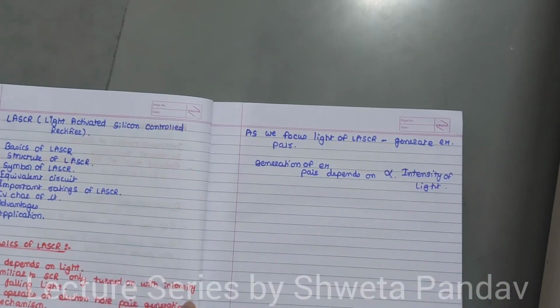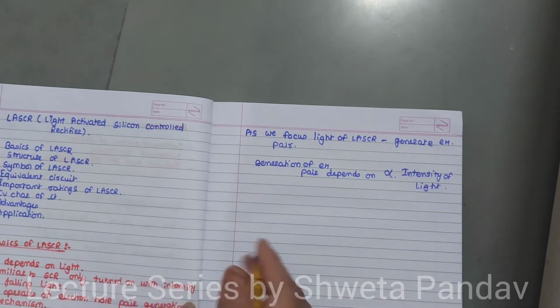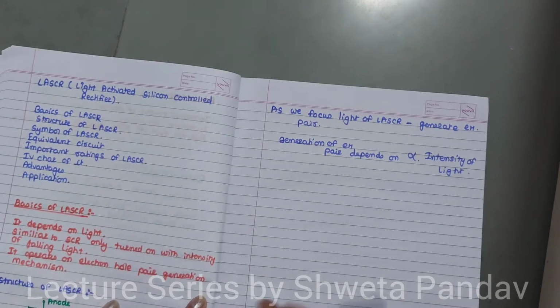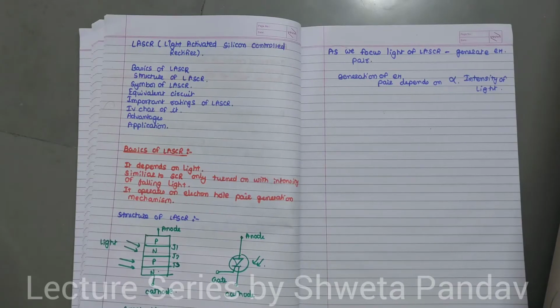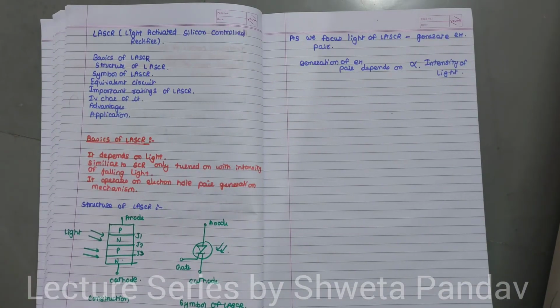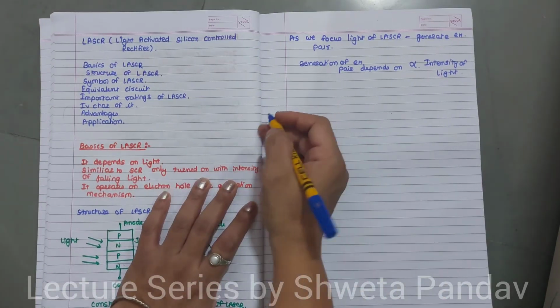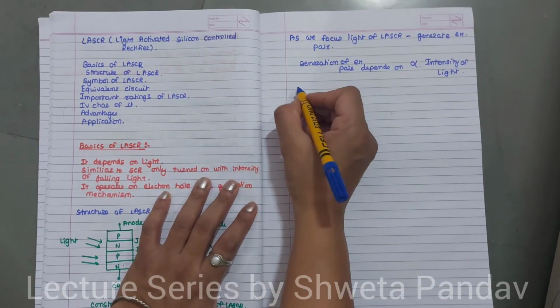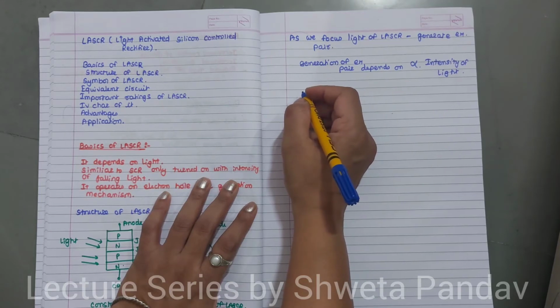Now these electrons will constitute a gate current for the LASCR. Generation of electron hole pairs depends on the intensity of light. This electron hole pair will contribute a gate current for the LASCR, and due to the current multiplication, internally the LASCR is divided into two transistors, so the current multiplication will take place.